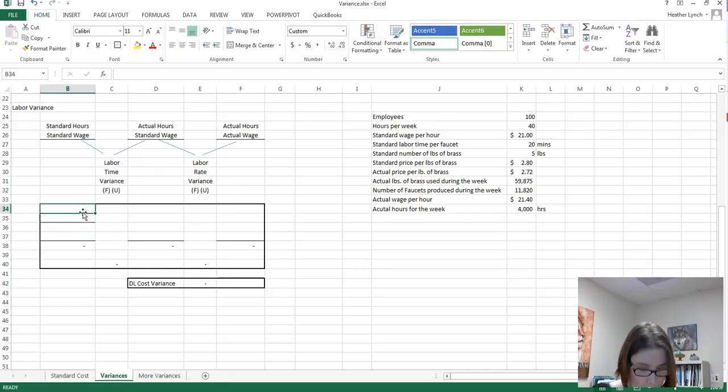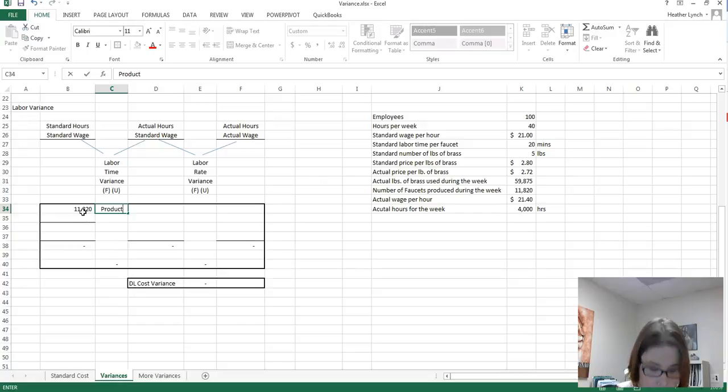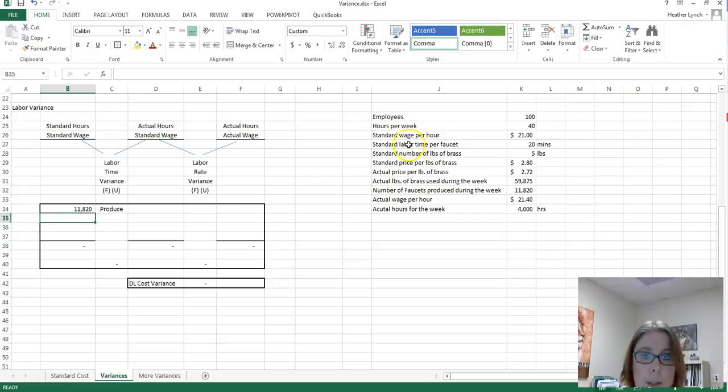Okay, so when we're looking at the labor variances, again, we want how many units we produced. This is your production. Remember it takes 20 minutes per faucet. Well, there's 60 minutes, so we take the 20 minutes divided by the 60 minutes, and that gives us a fraction of the 60 minutes.